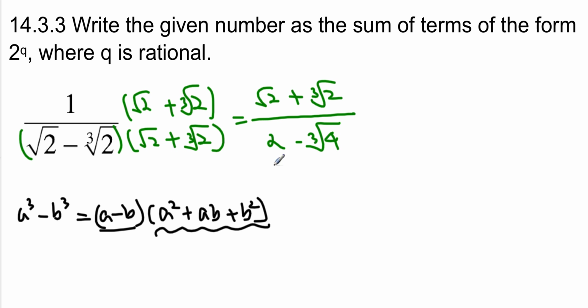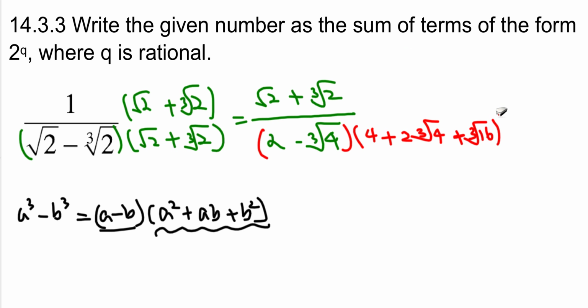So I'm going to multiply the denominator by, first, the square of a. Since a is 2, I'm going to multiply that by 4. Plus, the second one is the product of these two, so we get 2 cube root of 4. The last one is the square of that one, so we end up getting plus cube root of 16. But did you realize that cube root of 16 is in fact 2 cube root of 2?